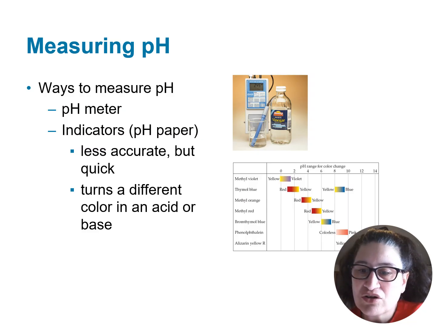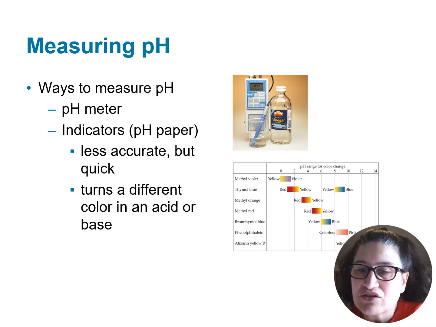And this chart over on the side shows me several different indicators and when they would change color. So if I were to look at methyl orange, it looks like methyl orange is red if you're acidic, and it's yellow. And it looks like maybe about 3.8 or so is when that color change occurs.